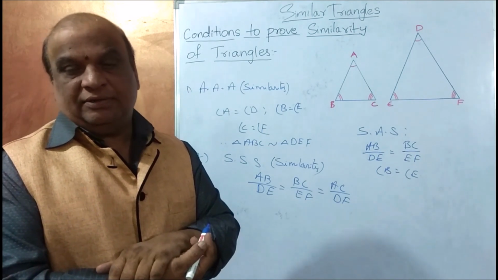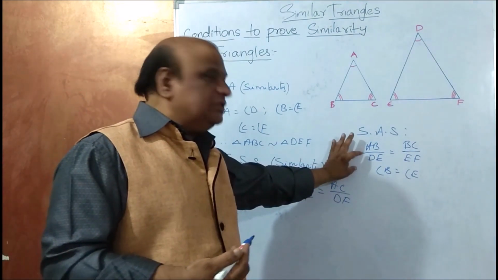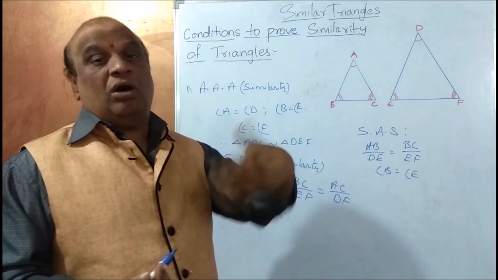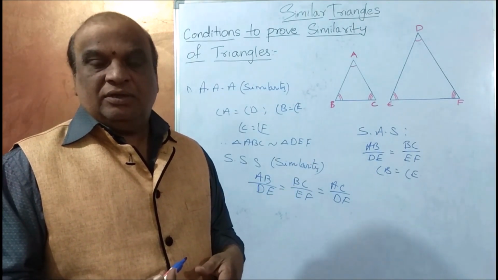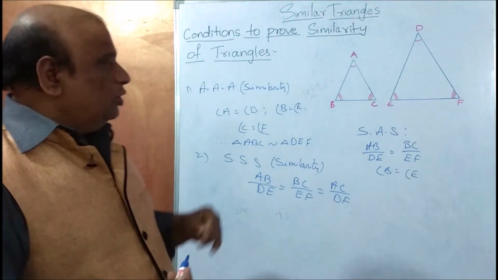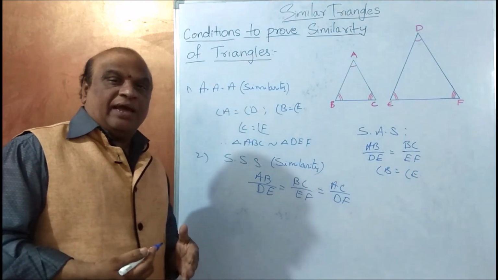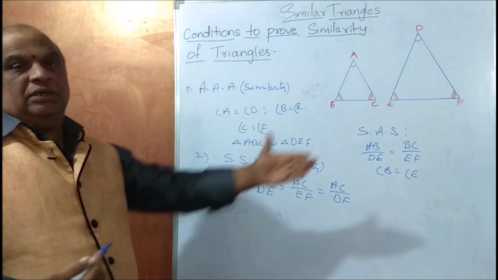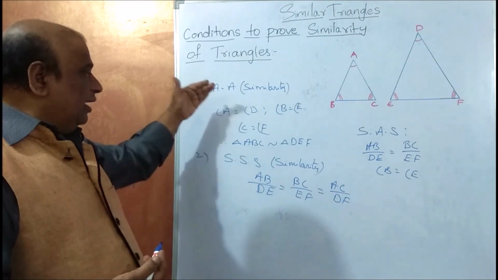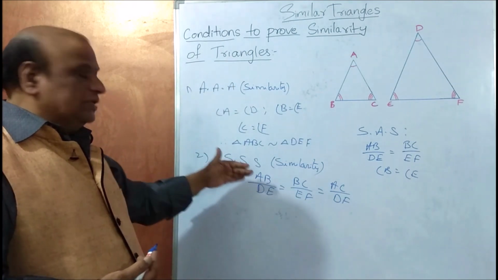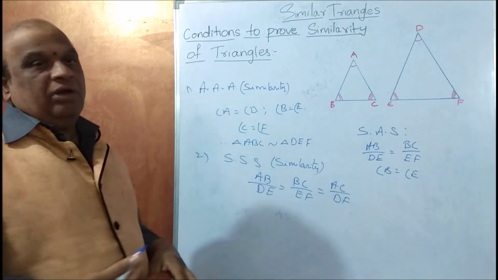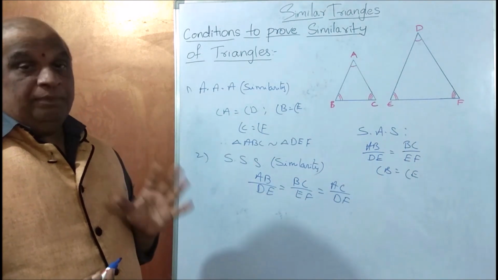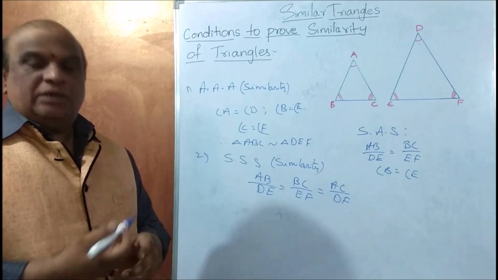Simply we have to satisfy this condition only. The remaining all you can take without verification. So totally, my dear students, to prove the similarity of triangles, these are the important conditions: AAA similarity, SSS similarity and SAS similarity. These three are very important to prove the similarity of the triangles.